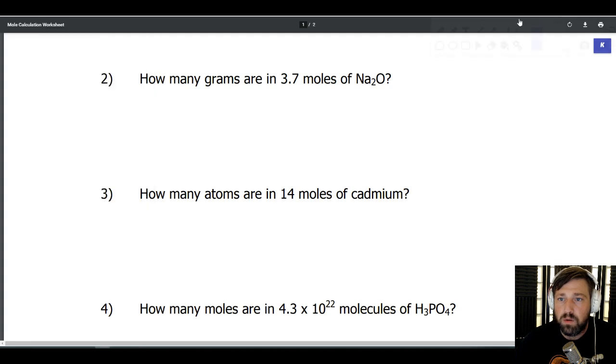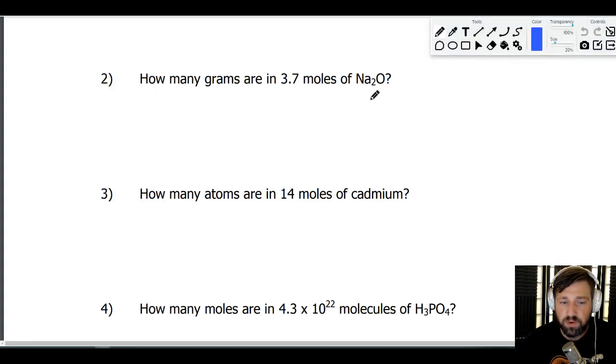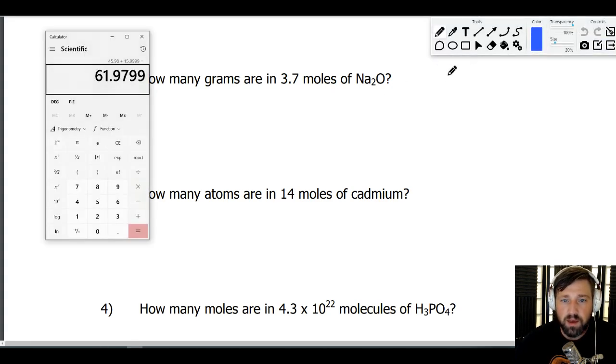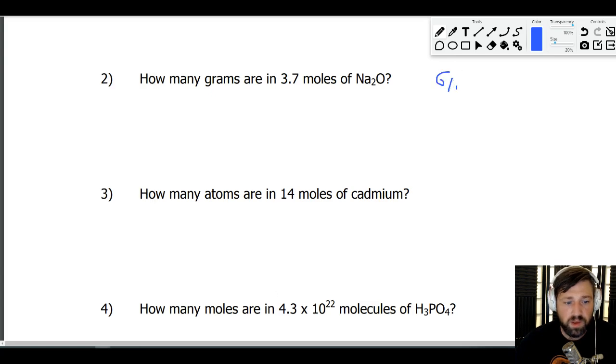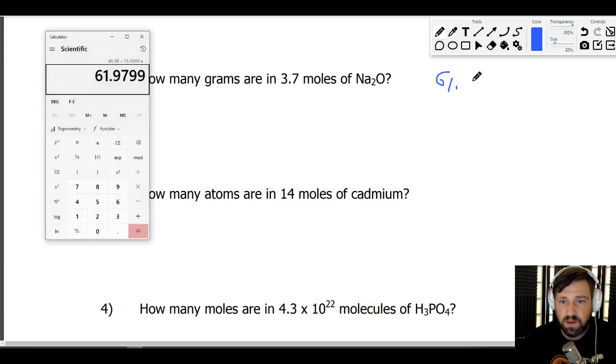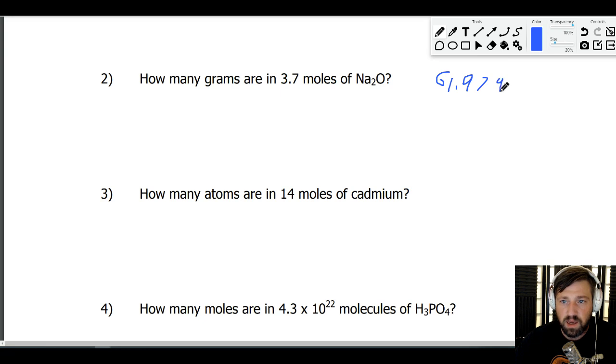So we know that for sodium oxide, we have 61.9799 grams in 1 mole. That is going to be the molecular weight of sodium oxide there. And the other thing we know is the number of moles. And we are looking for how many grams. So we're trying to get to grams.